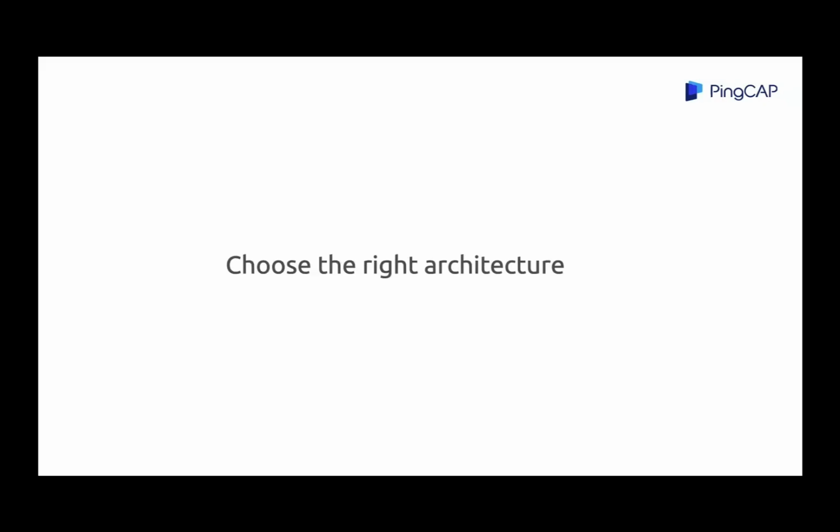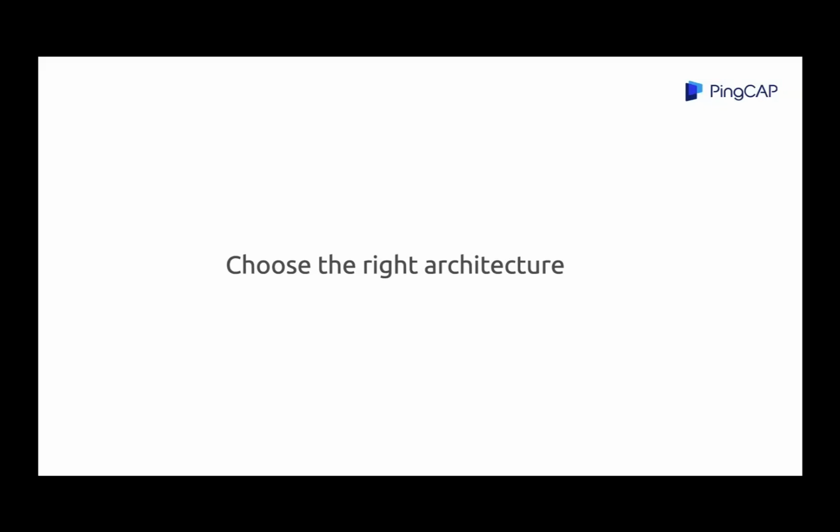The second lesson is to choose the right architecture. As you can see, except for the 1 petabyte part, before 1 petabyte the architecture of TiKV is actually the same. The evolution always happens in small parts.